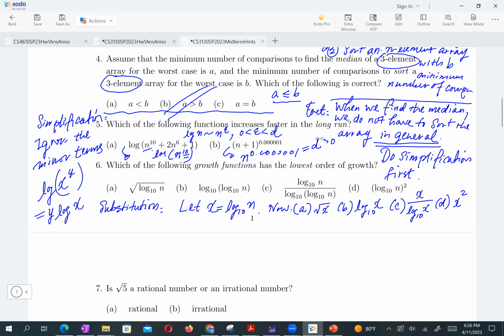This property you need to know. So here our y equals 10. So you need to do that step: bring down that number 10 to the front of the function. After that, then you can do the comparison.